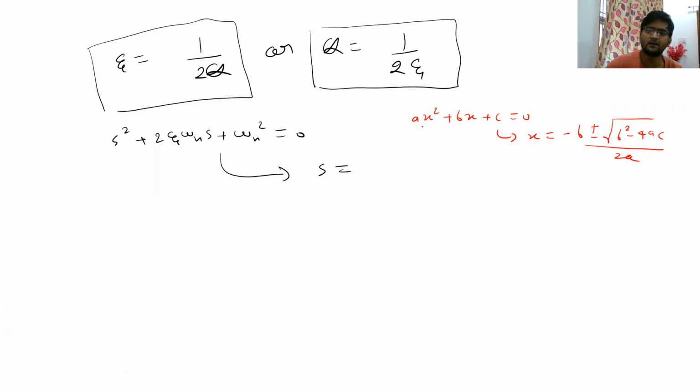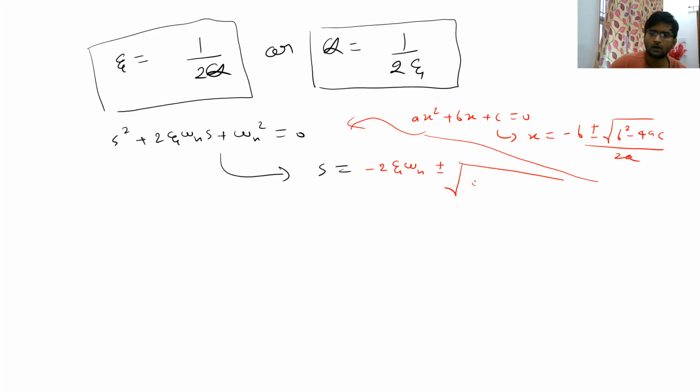Using this, we can find the value of S as minus 2 zeta omega n plus minus under root of 2 zeta omega n squared minus 4 omega n square, and the whole is divided by 2.